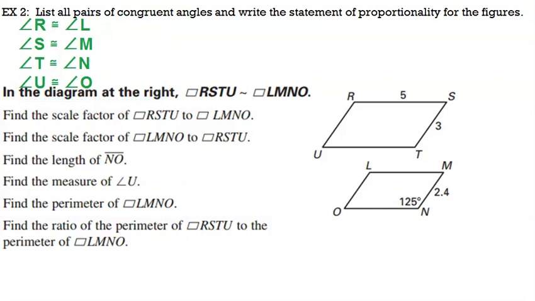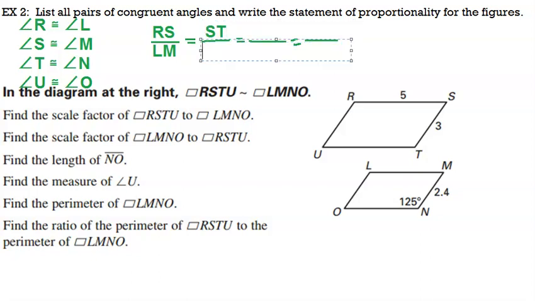Now, as far as the side lengths are concerned, we know that they're not going to be equal, but we do know that we can make a statement of proportionality. So we could say that the length of RS is going to be proportional to the length of LM, and we could compare the proportions for each one.